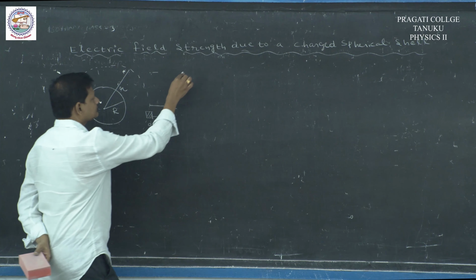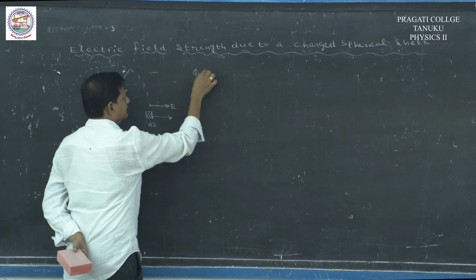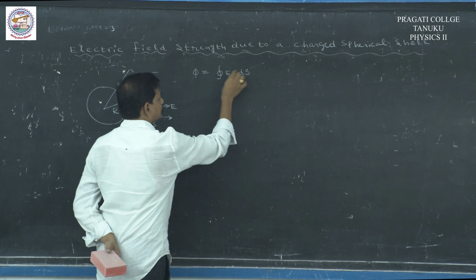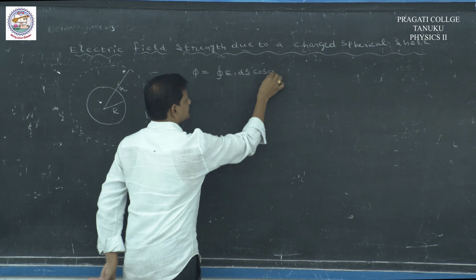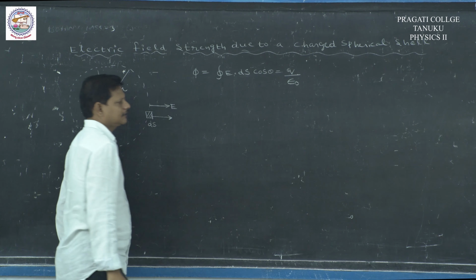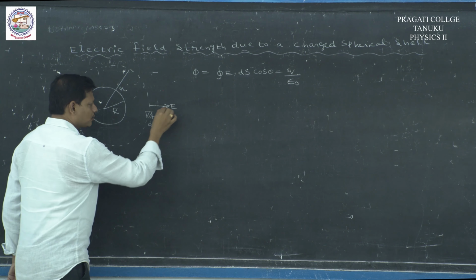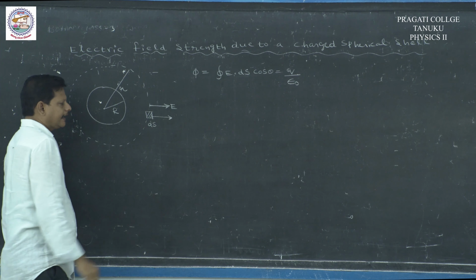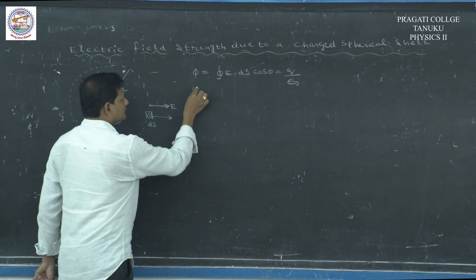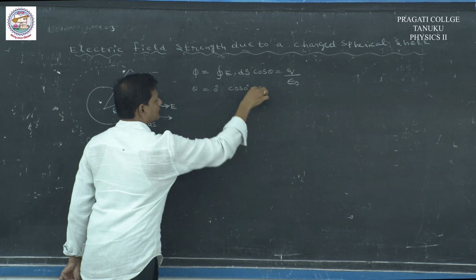We know from Gauss's law, phi is equal to integral E ds cos theta is equal to q by epsilon naught. Since the electric field direction is radially outwards and the direction of ds is parallel to E, theta is equal to 0, cos 0 equals 1.